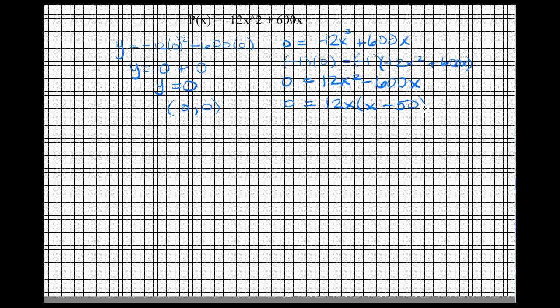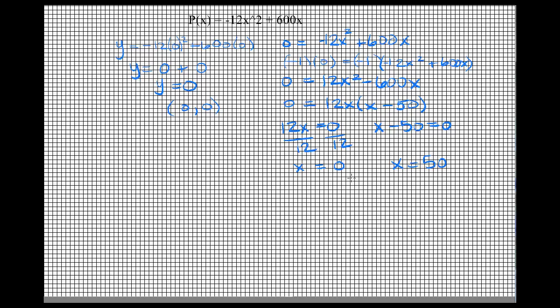Now let's use our zero factor property. So this becomes 0 because 0 divided by 12 is 0, and then this becomes 50.